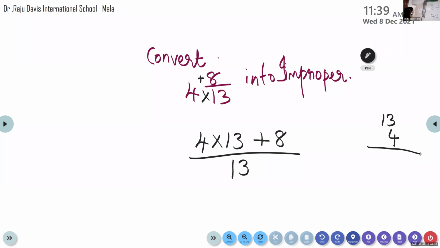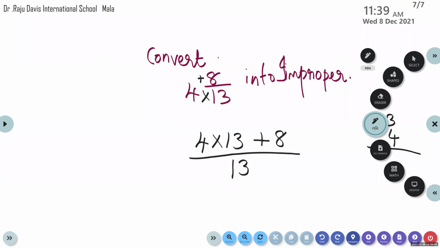Can you see here 4 times 13? Yes, ma'am. Multiply and tell me the answer. 13 times 4. 4 threes are?